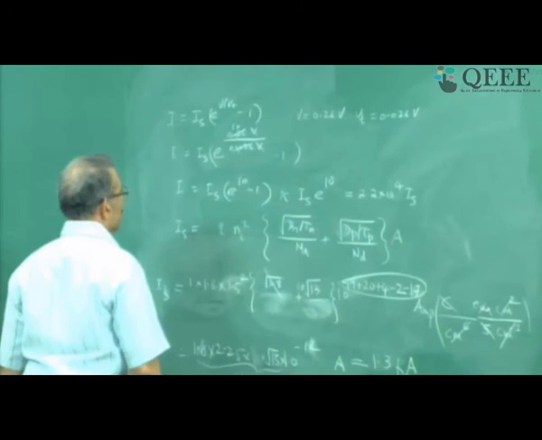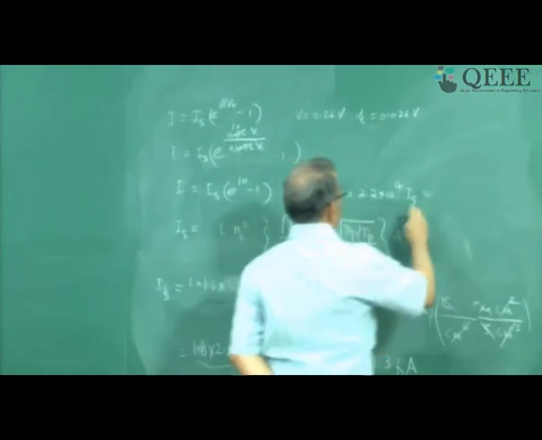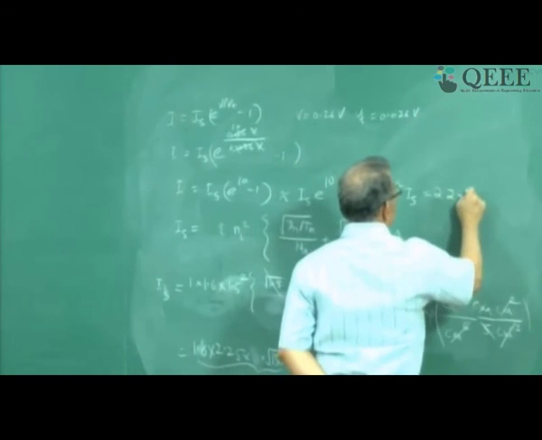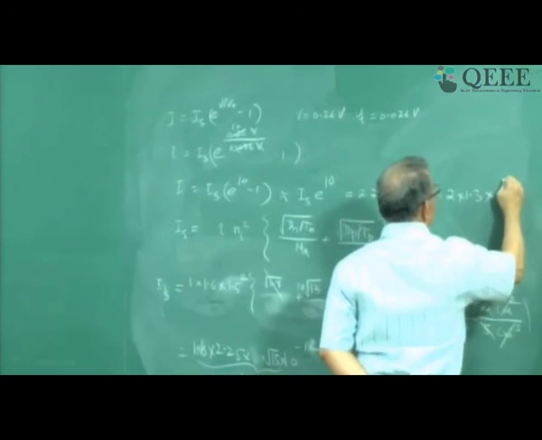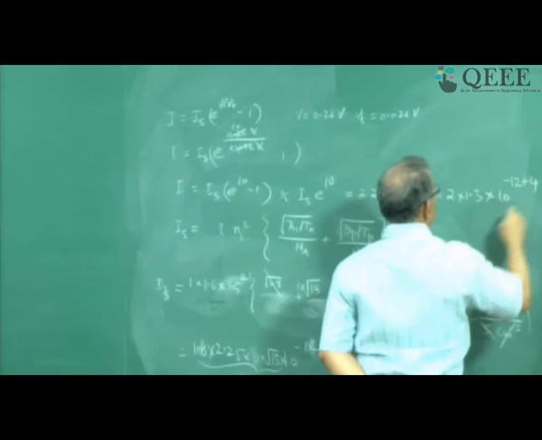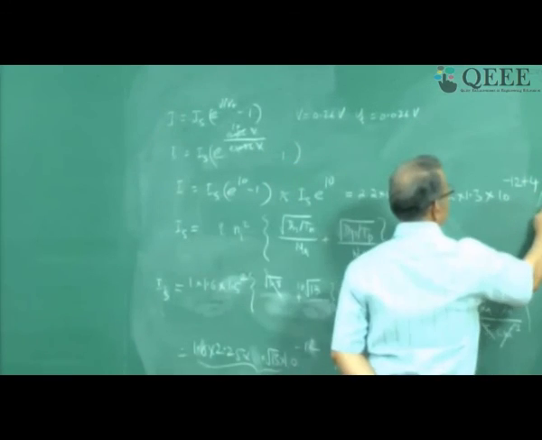So now I can find out how much is this, 2.2 in 10 power 4. So 2.2 into 1.3 into 10 power minus 12 plus 4. So many amperes.